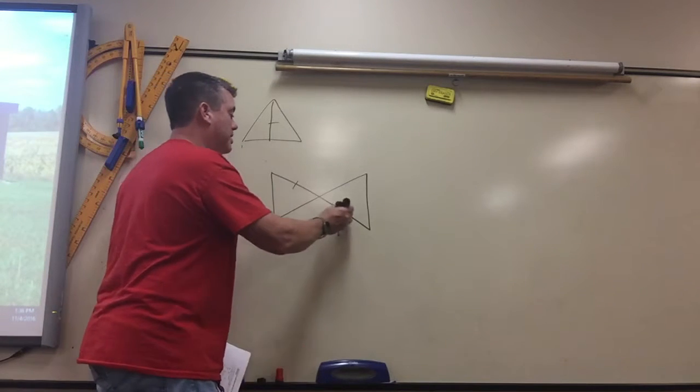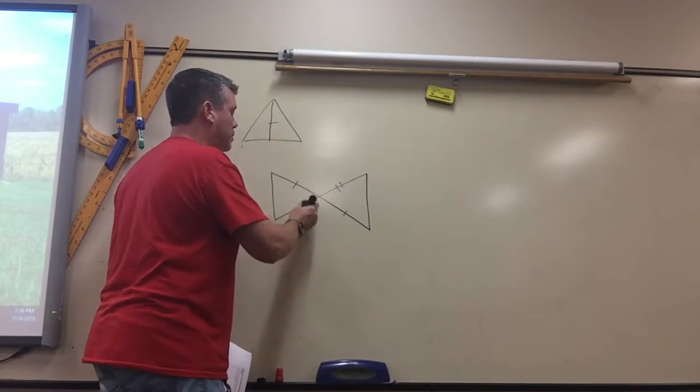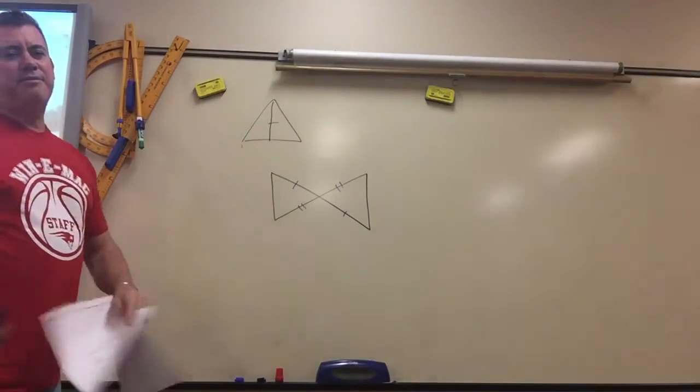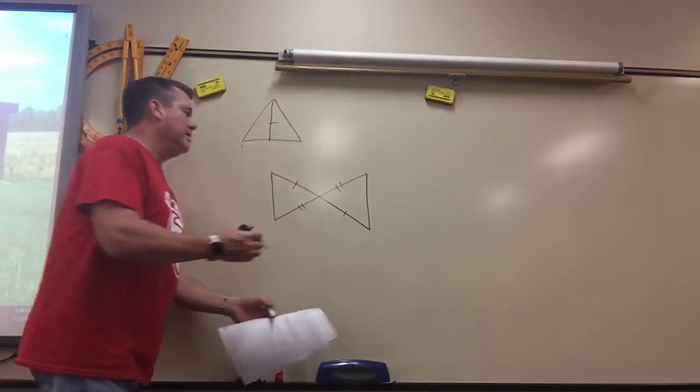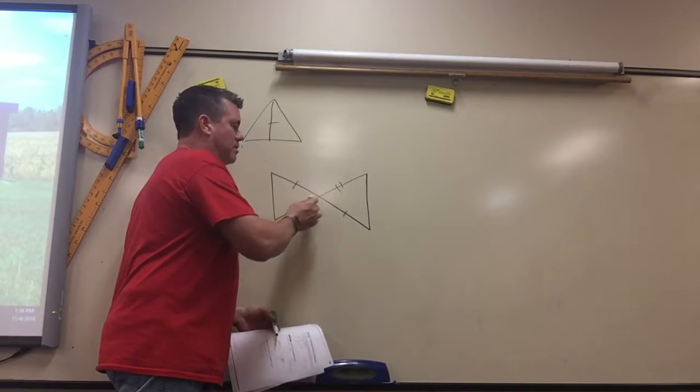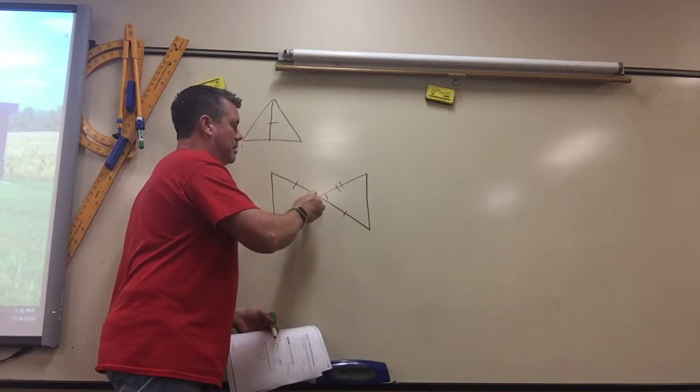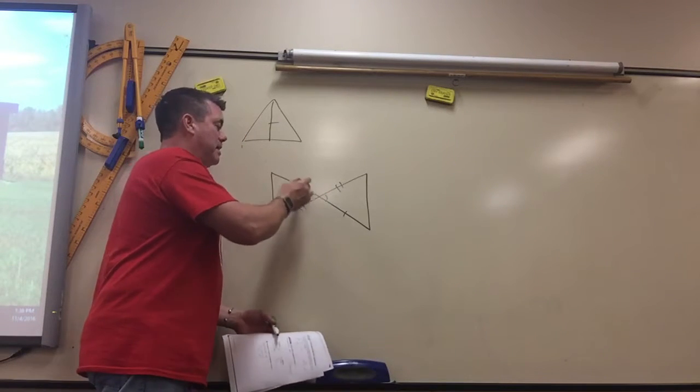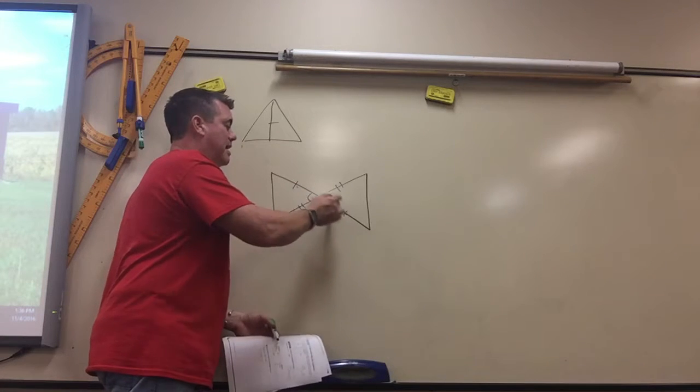So if they tell you these two are equal and these two are equal, they don't give you enough information, but you need to recognize that vertical angles are congruent. So this one would be side, angle, side.